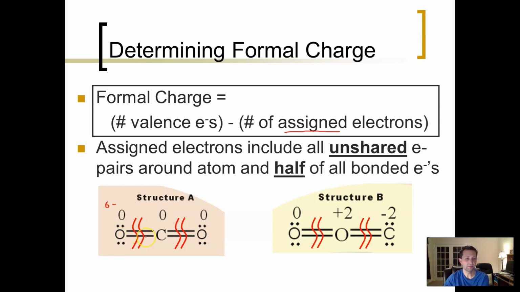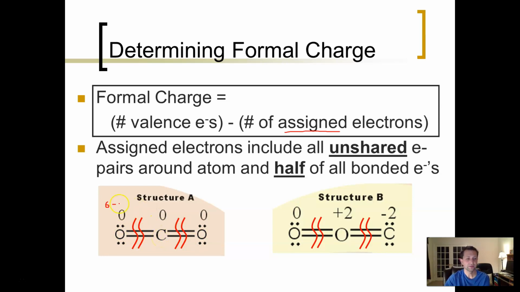But if you look at this double bond that's here, I have these little red squiggles that go through it to show us that half of that double bond we're going to assign to oxygen, and the other half we're going to assign to carbon.